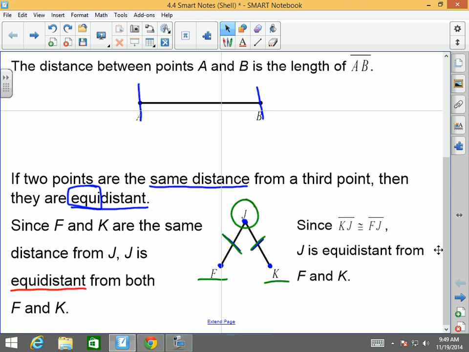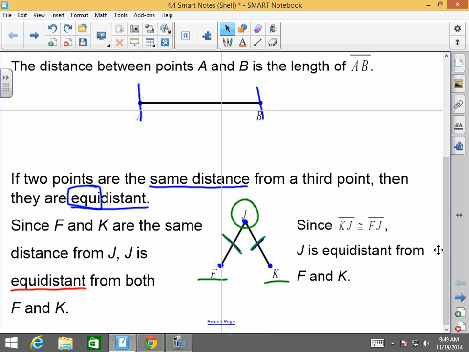Since KJ is congruent to FJ, J is then equidistant from F and K. So that's very important to understand. You've got to really understand the meaning of equidistant. It's extremely important.